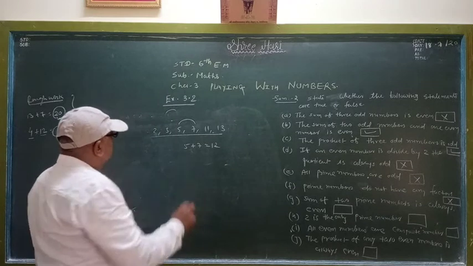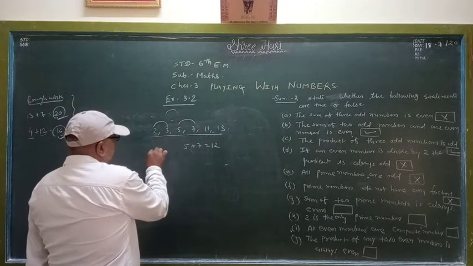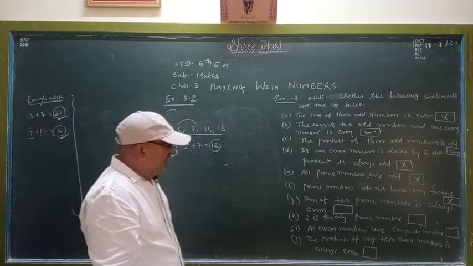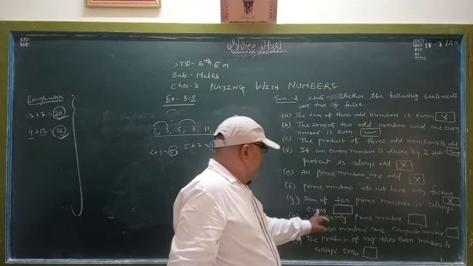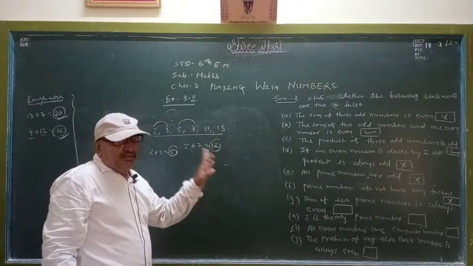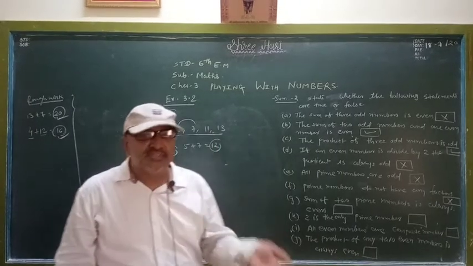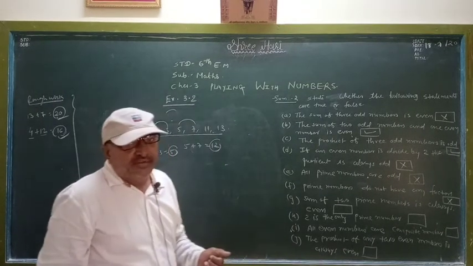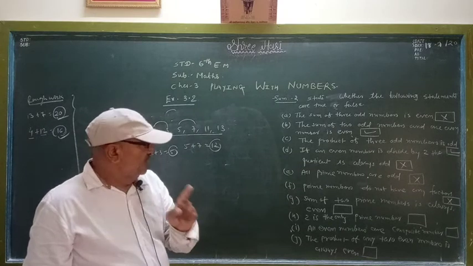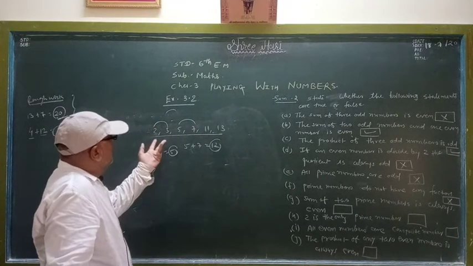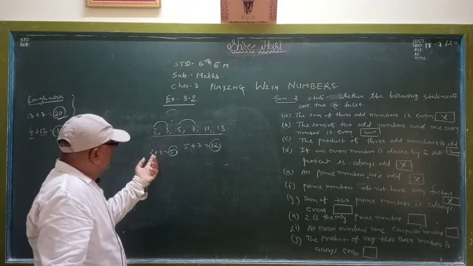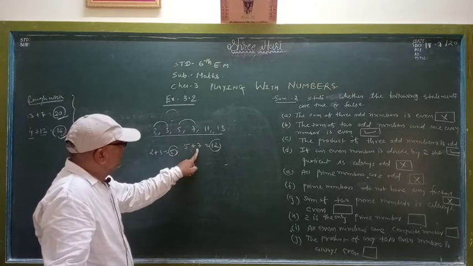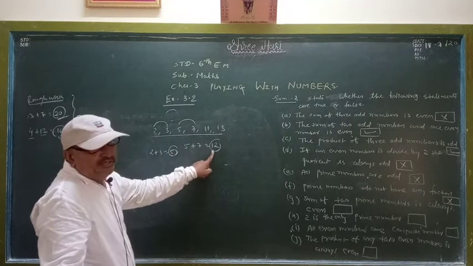Now 2 plus 3 is 5. So here odd, here even. The sum of 2 prime numbers is not always even. Sometimes we get odd and sometimes even. The sum of any 2 odd primes, like 5 plus 7, is 12, it is even.